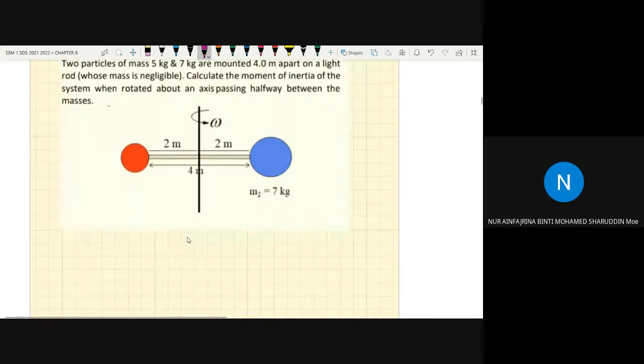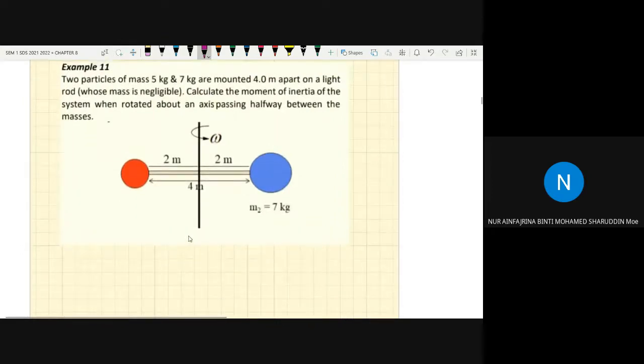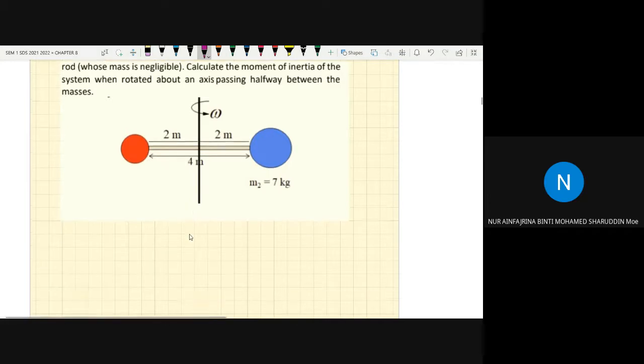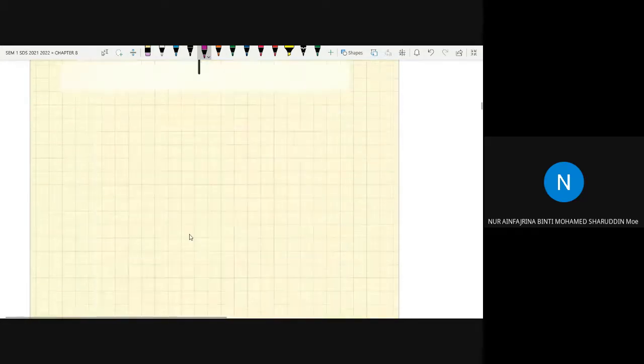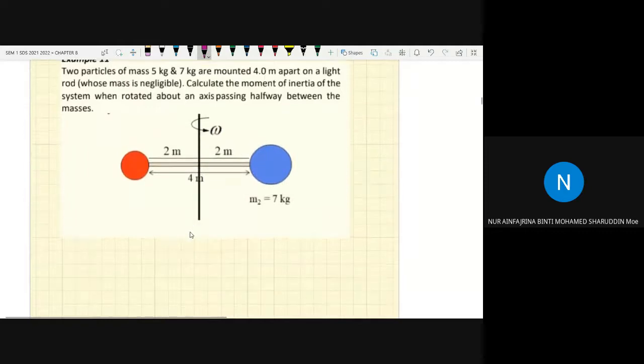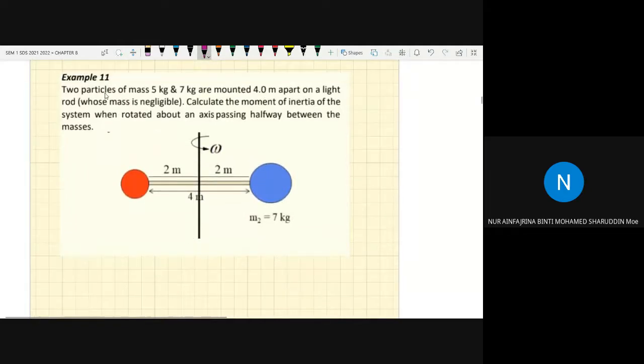So now, dia cakap macam ni. Miss rasa Miss nak buat ni dulu kot. Okay, so now you have 2 particles. This is your particle 1 and this is your particle 2. So your particle 1 mass dia adalah 5 kg, and particle 2 mass dia adalah 7 kg.